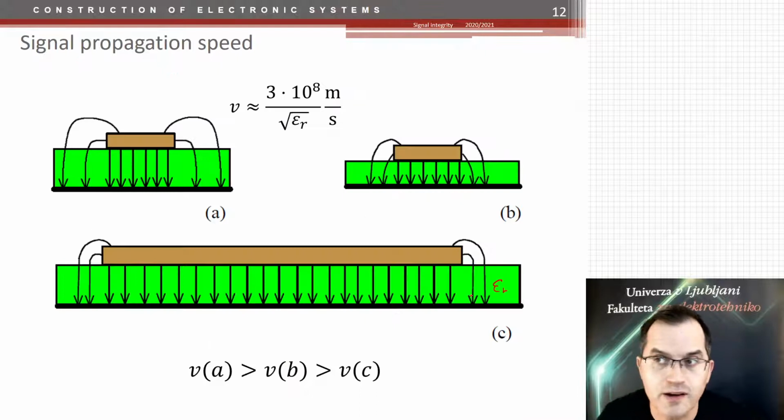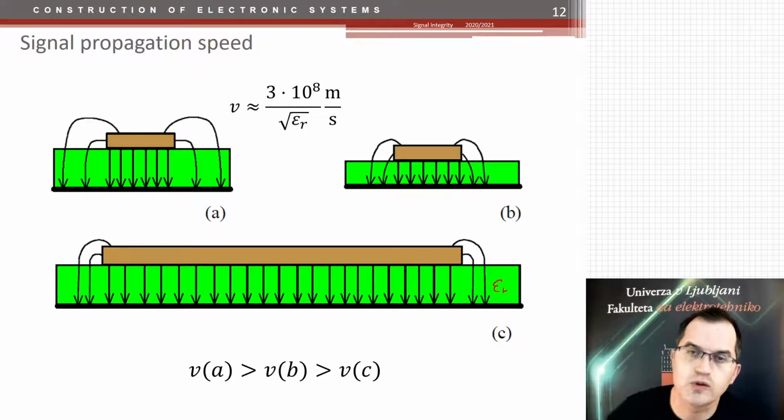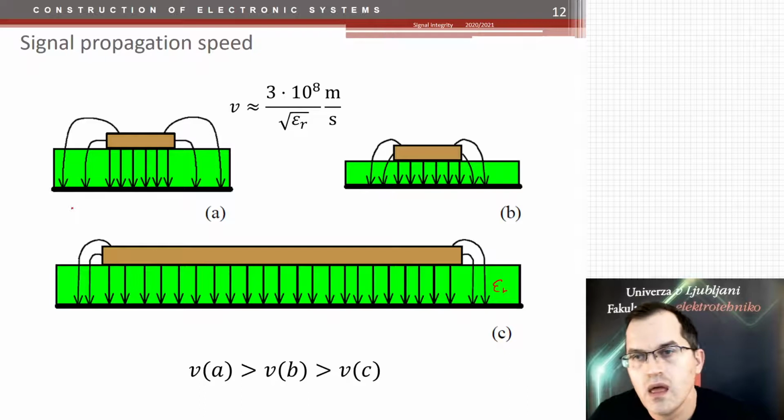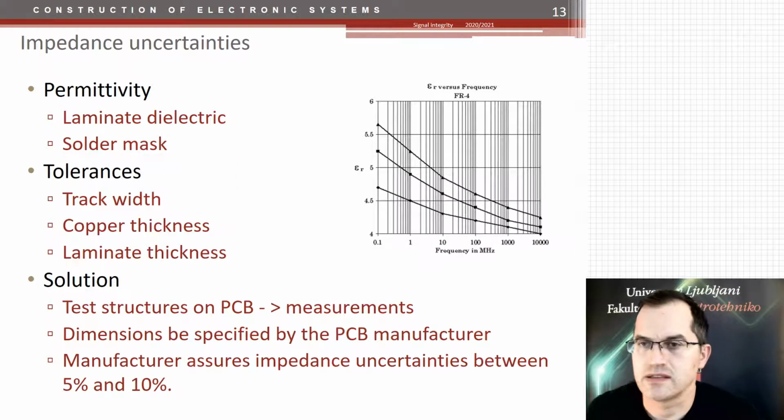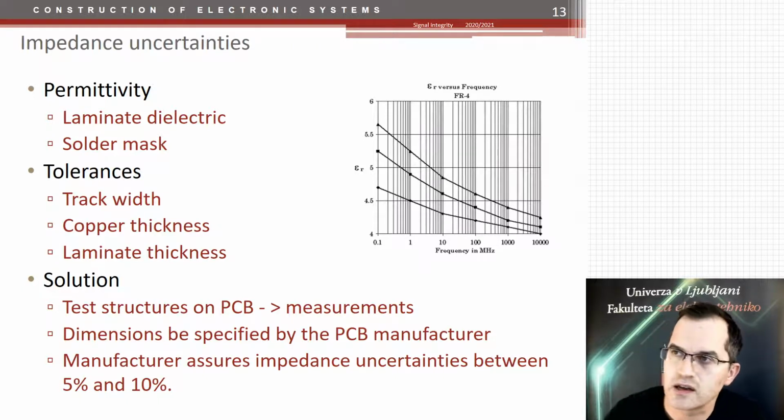Okay, so the fastest transmission lines are also the narrowest ones, and those that are further away from the ground plane. But there are many uncertainties you should be aware of when calculating the impedance and other properties of transmission lines, such as permittivity values, which can be of the dielectric or the solder mask on top.